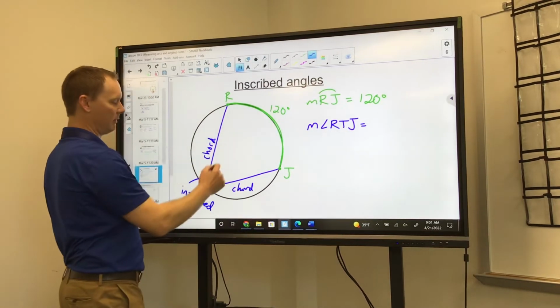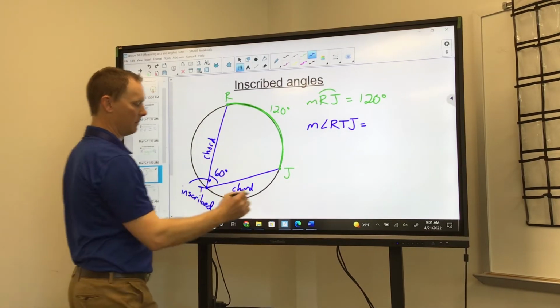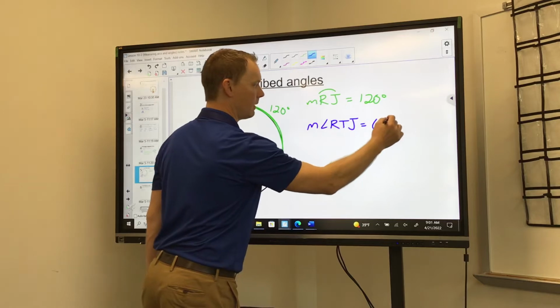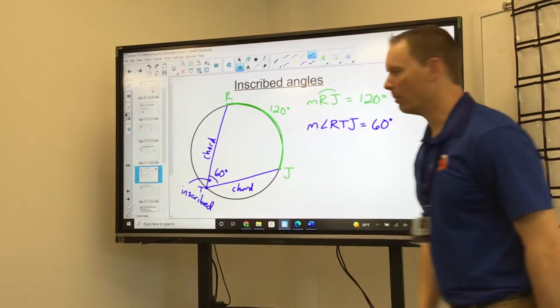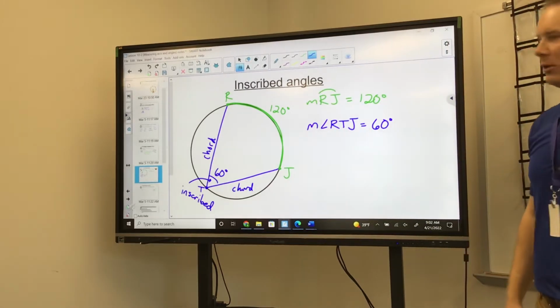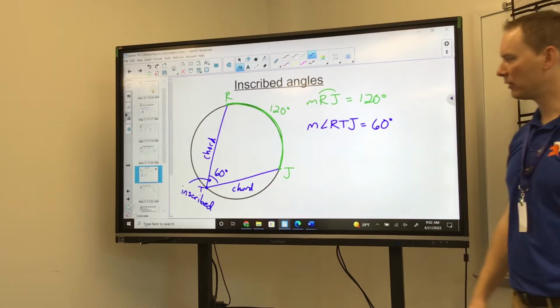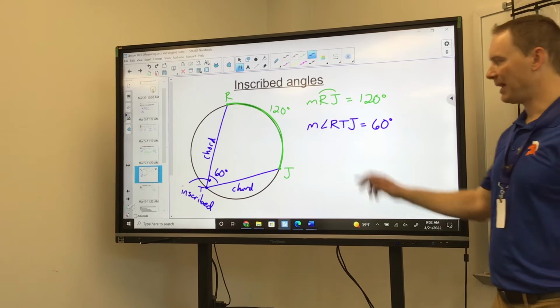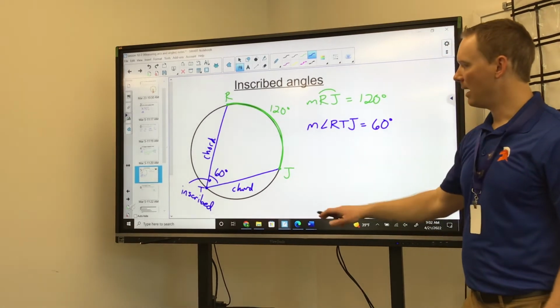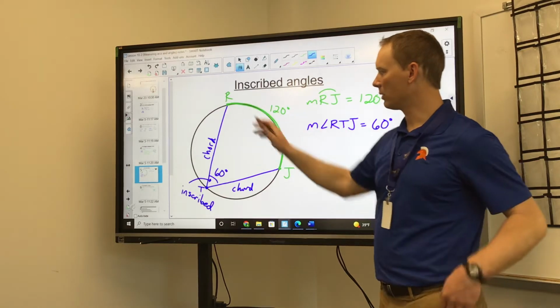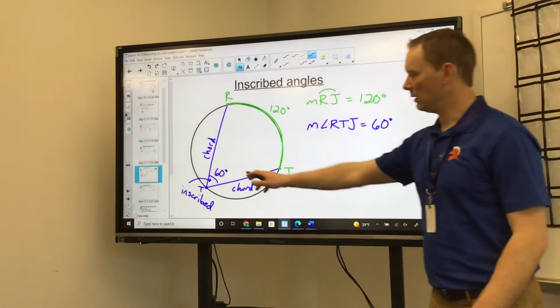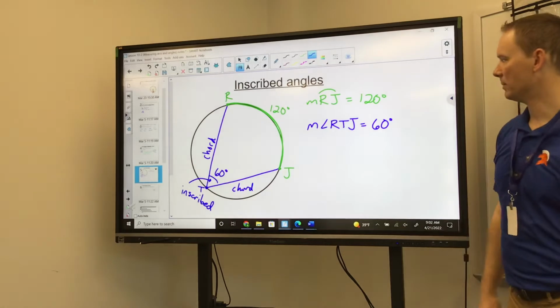So whatever this is, it's just half of it, okay? And so, again, we could talk more about why that is sometime, but you guys saw that in your exploration yesterday, I hope. But that's the key thing, right? The inscribed angle and the intercepted arc, or the arc that it opens up to, the inscribed angle is half of that measure. Okay?